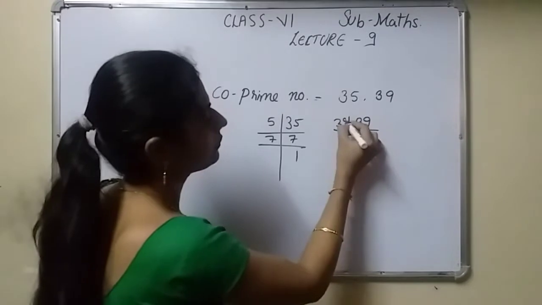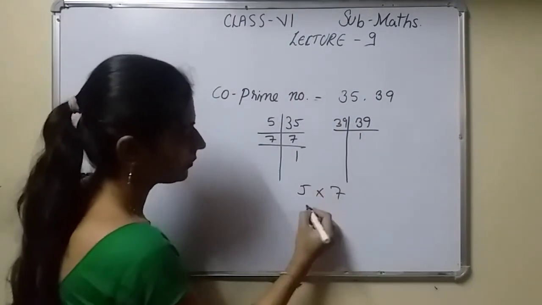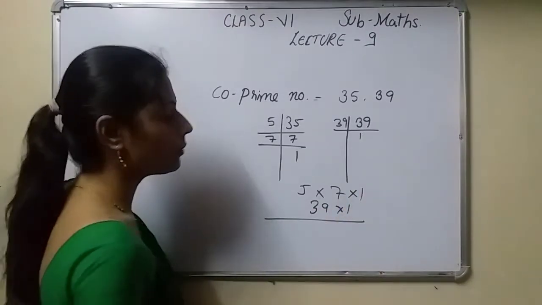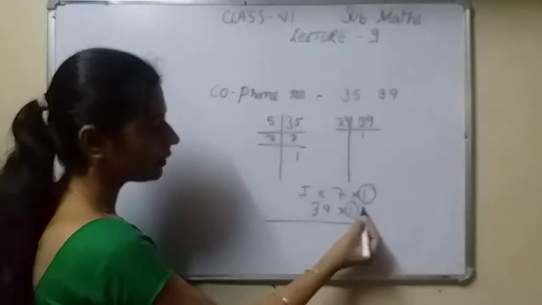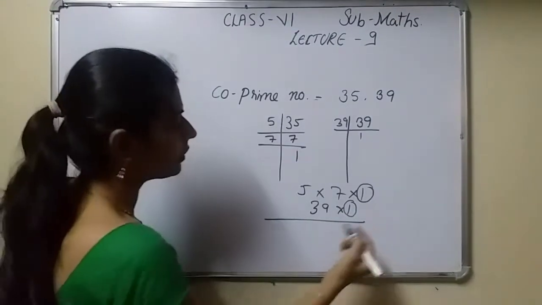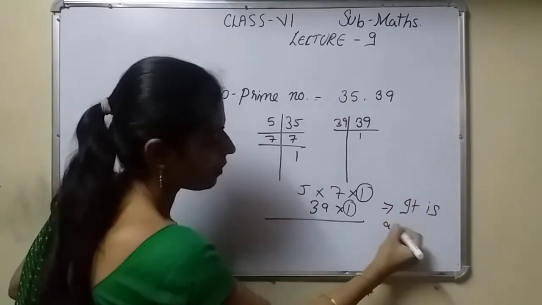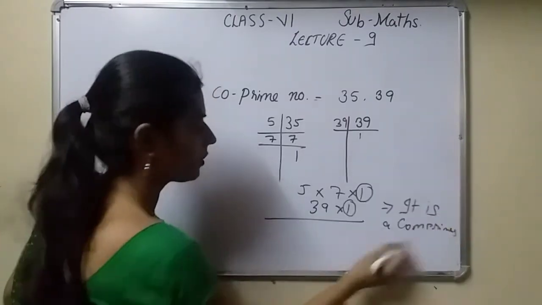Can you find any common number here? Only 1. Other than 1, no common number is seen here. So it is a co-prime number.